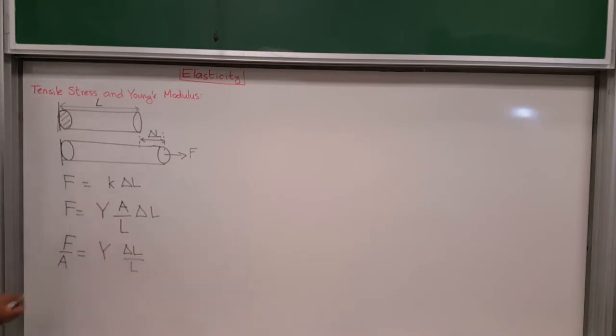And this Y here turns out to be very large, typically. So let me read you a few values. The Y is called Young's modulus. And by the way, the term F over A is called tensile stress, and the term delta L over L is called strain. So let me just write it down.